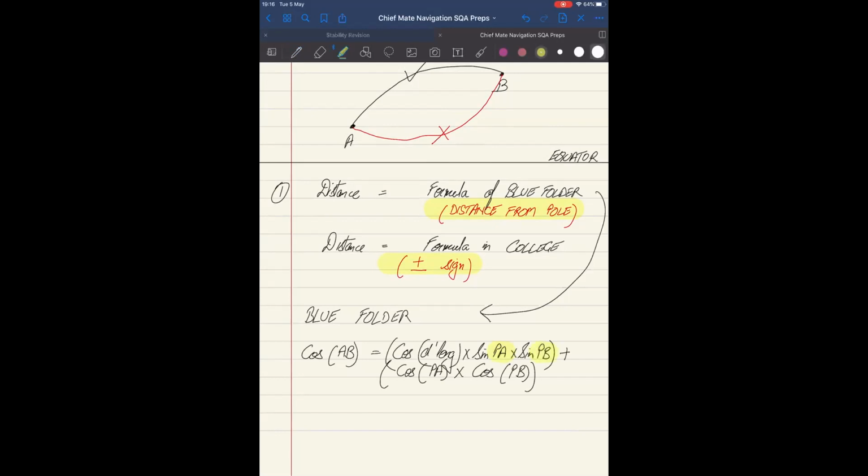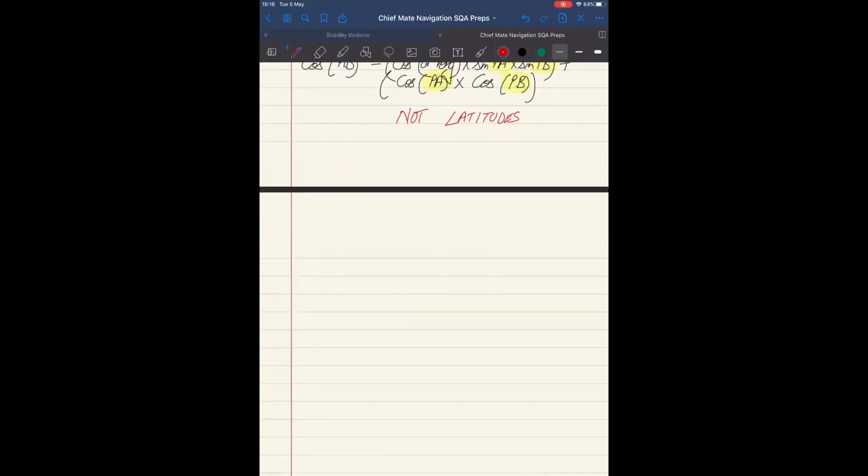Wherever PA, PB is mentioned, I've highlighted it here. This is really important because these are not latitudes. These are distances from the pole.